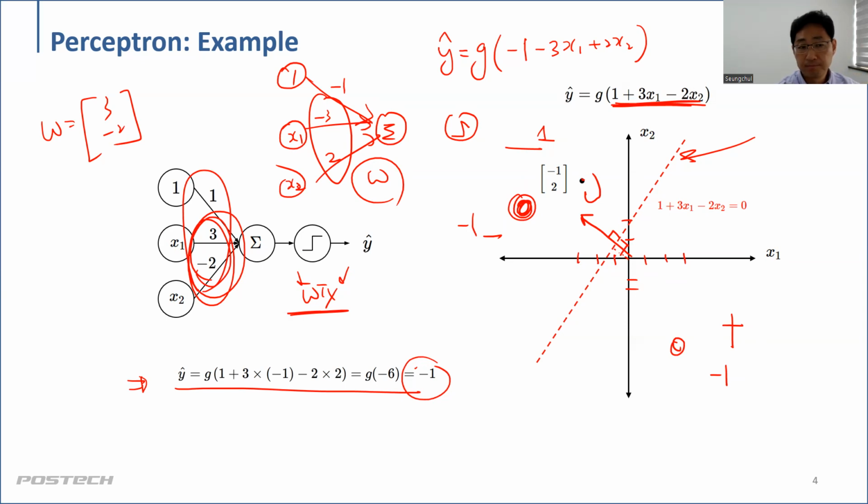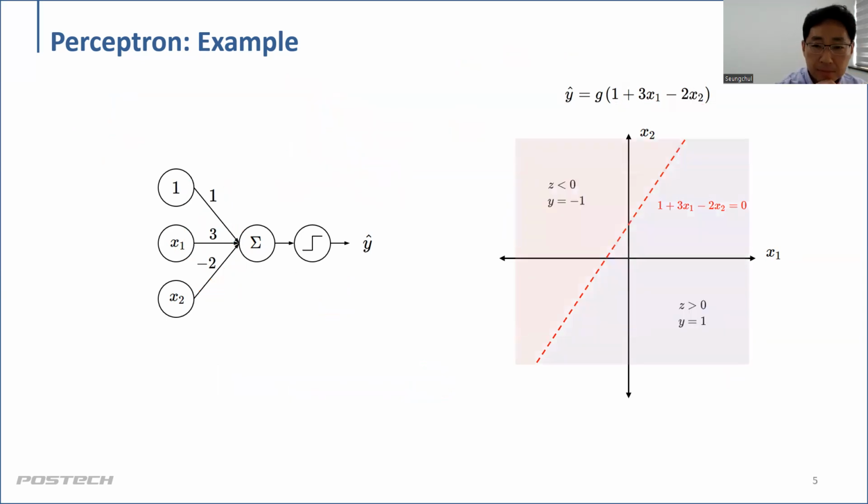Either way is fine. Okay, so I use different colors, meaning that this perceptron is going to split into two subspaces. It's basically linear binary classification. That's how we do it.